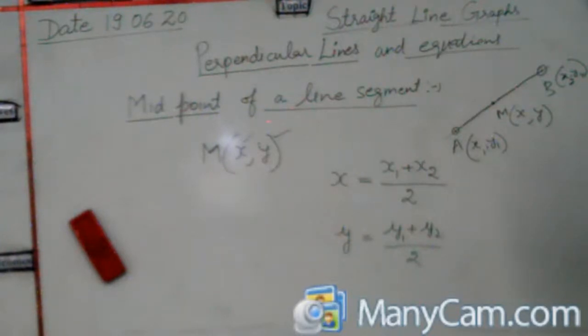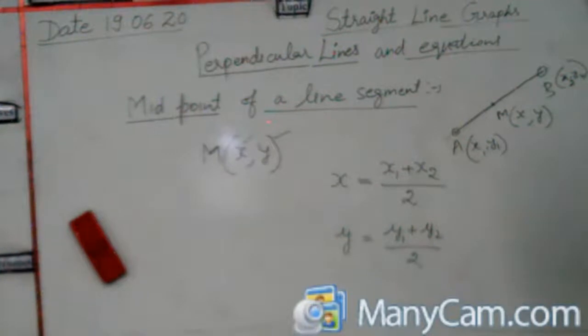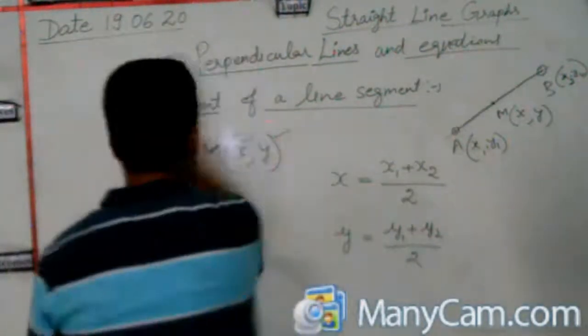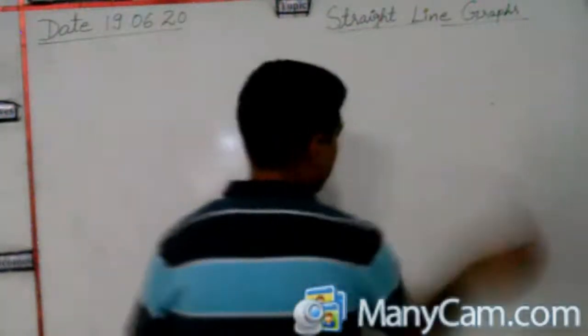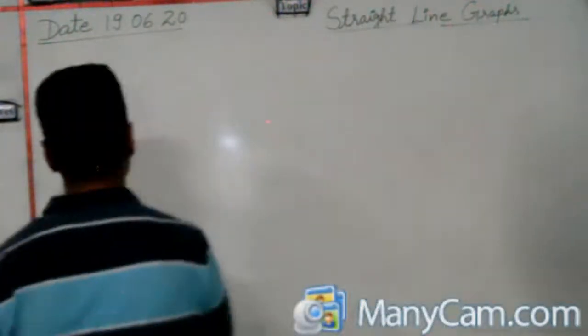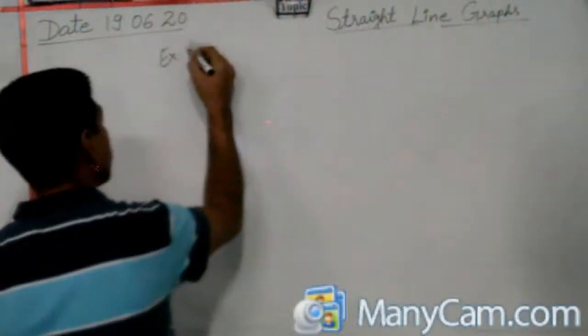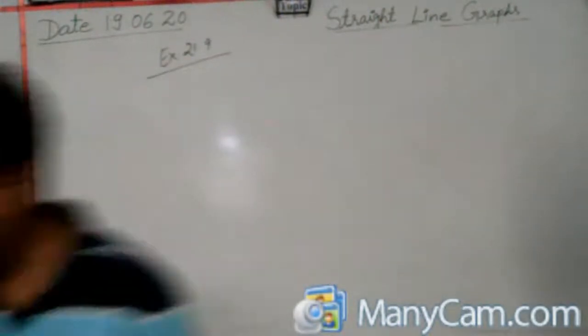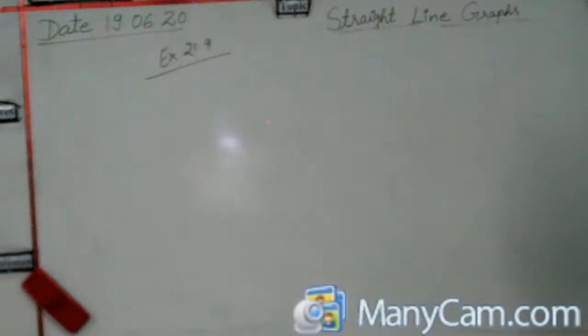Exercise 21.9 is a very long exercise. So many questions are there, and we have a total of 9 questions. So we can calculate both gradient and intercept.